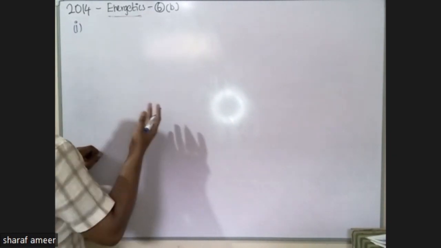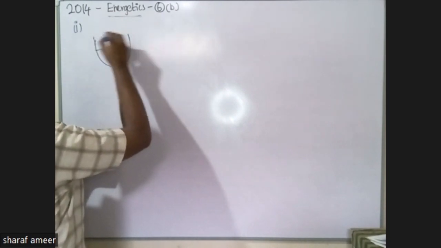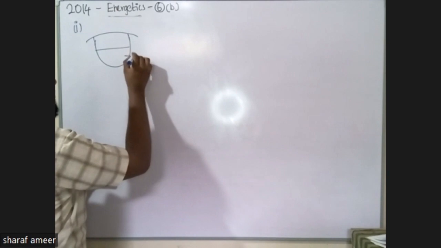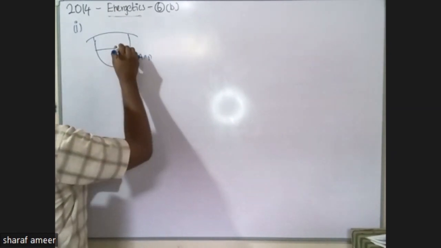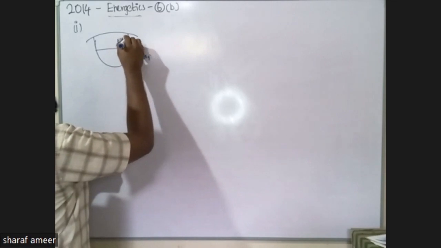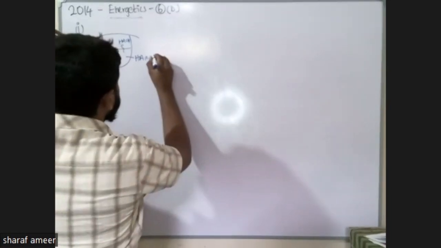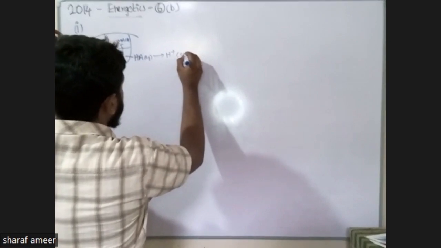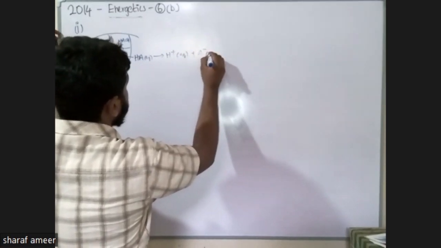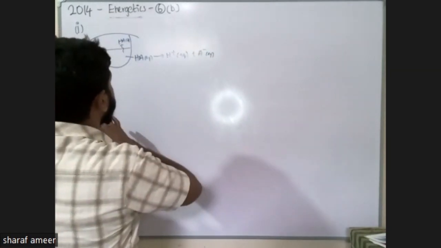Let's say some amount of HA has gone to the gas phase. They have given the equation here: HA dissociates to give H plus aqueous and A minus aqueous. So what will HA gas give? It will give the same products here.